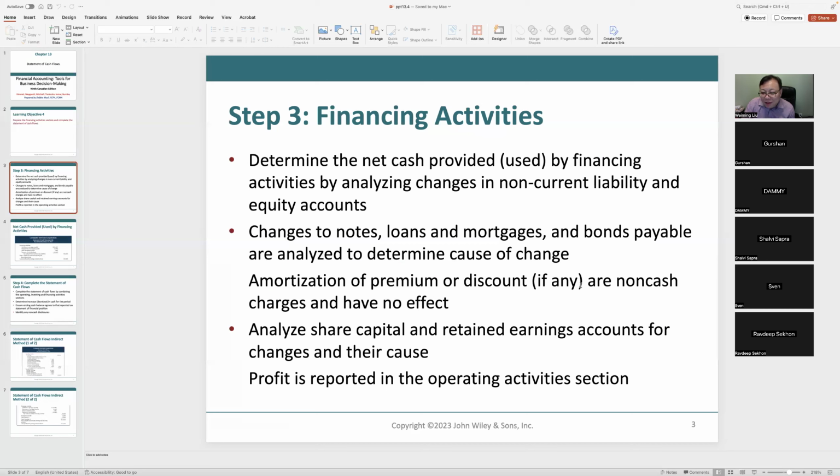These are not cash transactions. So the amortization of premium and discount on the bonds has no effect. We also need to analyze the equity accounts, so including share capital and retained earnings. Okay.